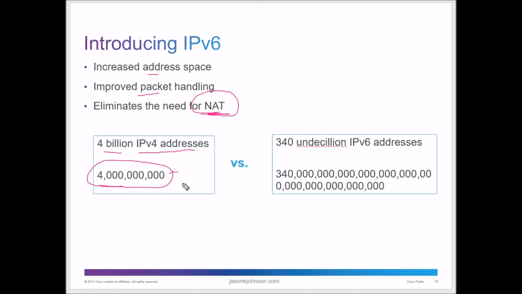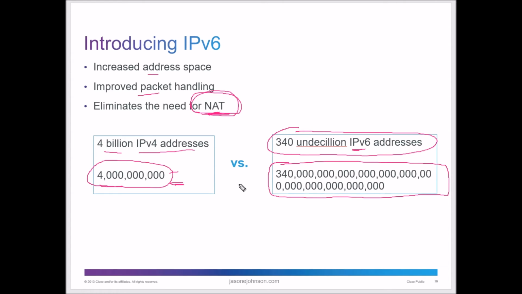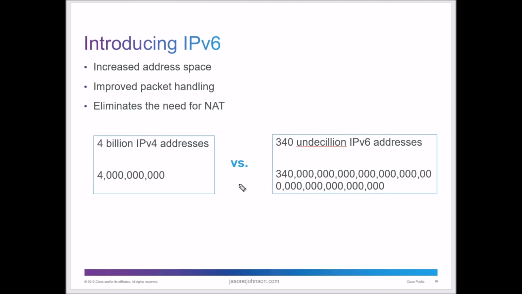So we have run out of IP addressing, and we use network address translation to take care of that right now. But we have come up with version 6, and we have 340 undecillion IPv6 addresses. Undecillion. That's a very large number. It's hard to imagine how big that number is. I've heard it described as an IP address for every grain of sand on the planet. It's very large. So we're going to have enough IP addresses for a long time to come.